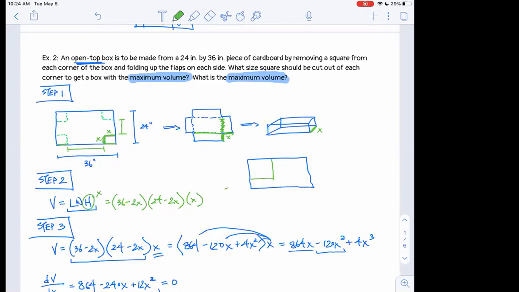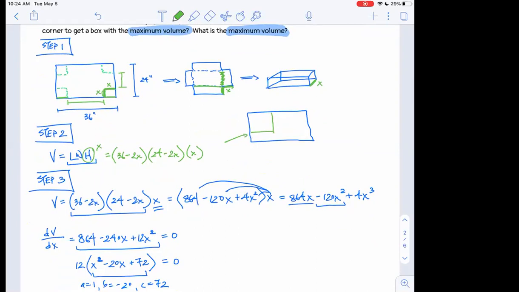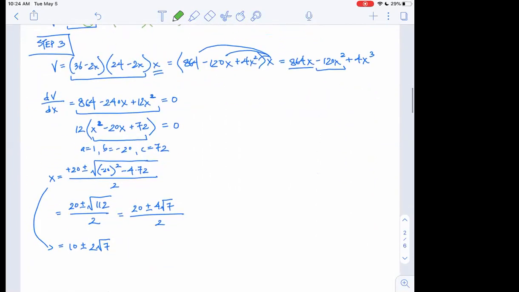So when you're cutting, you really want to think about what makes sense for the problem. There is such a thing as cutting out too big of a square in one corner. It turns out that of our two options, 10 minus 2 root 7 and 10 plus 2 root 7, the 10 plus 2 root 7 is too big of a square to cut out.